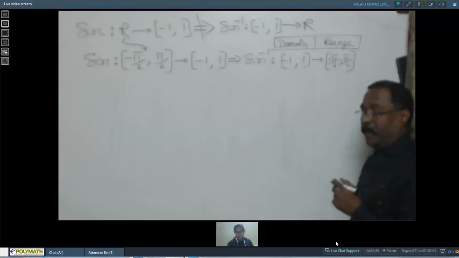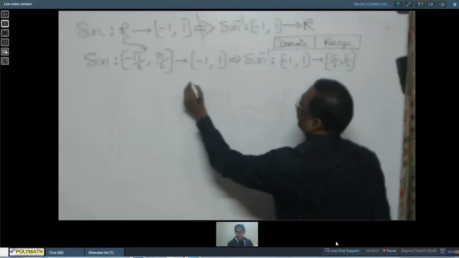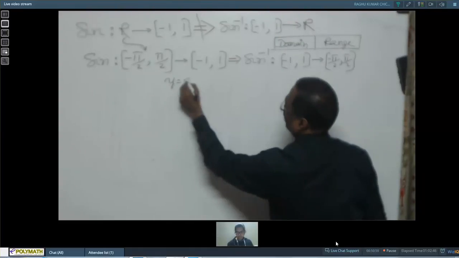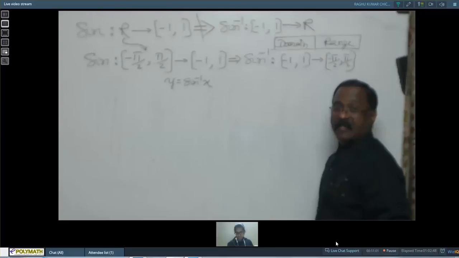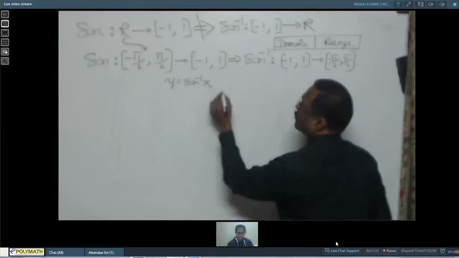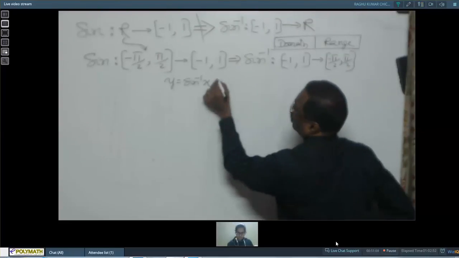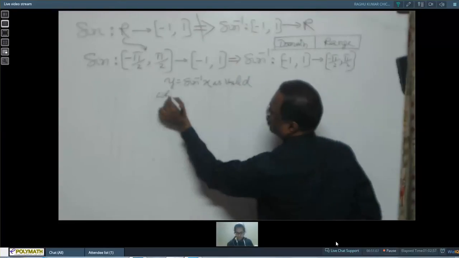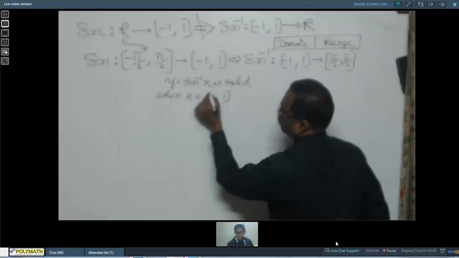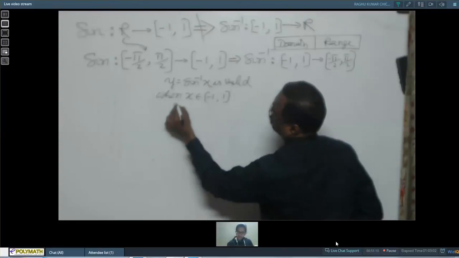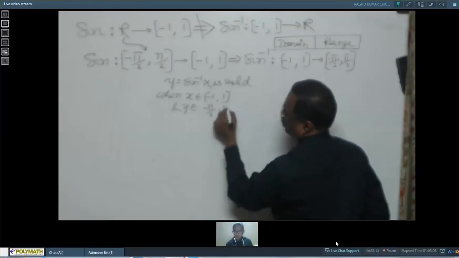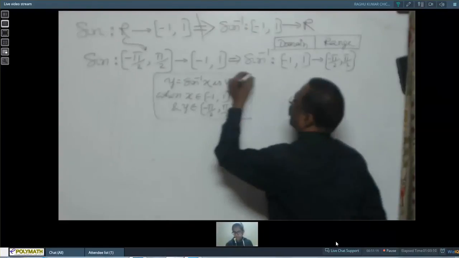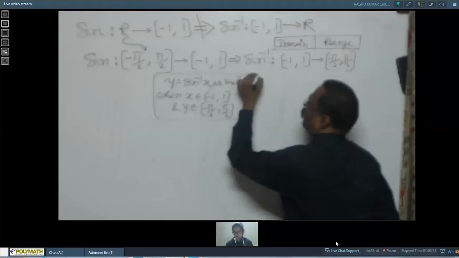What does it mean? If you write y is equal to sine inverse x, it is valid when x belongs to minus 1 to 1, and y belongs to minus pi by 2 to plus pi by 2. Very important.